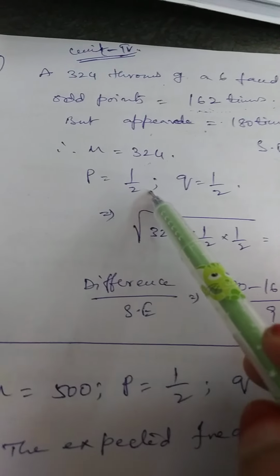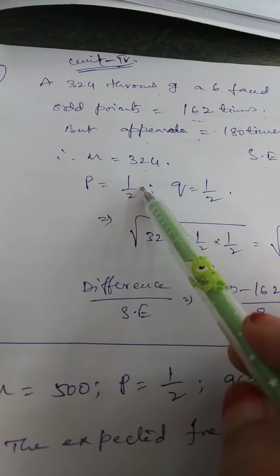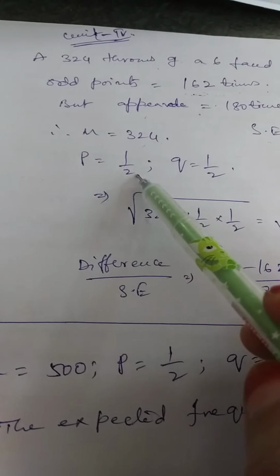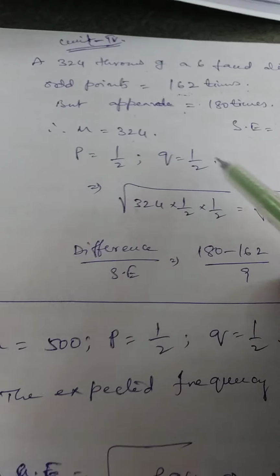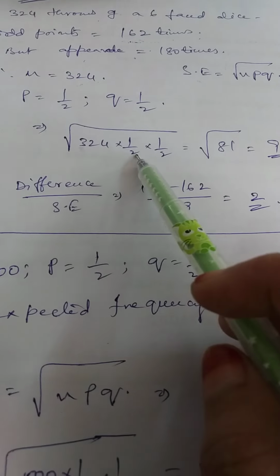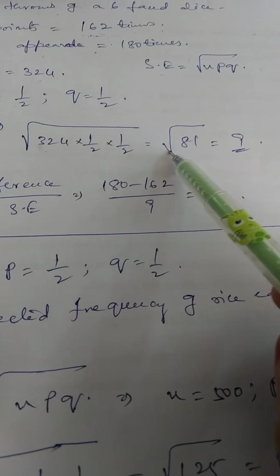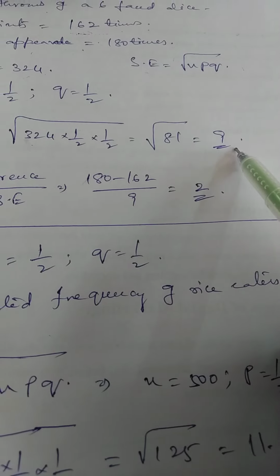P is equal to half, means the chances of getting an odd point or even point are equal. 50% chances. So half, Q is equal to half. If you substitute these values in the formula, that is 324 into half into half, that comes to square root of 81, which is equal to 9.